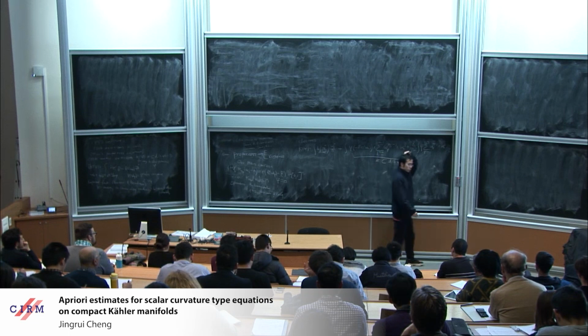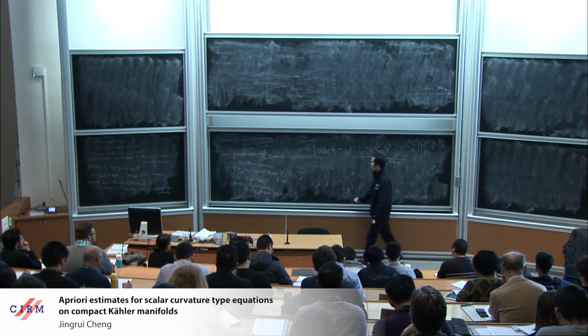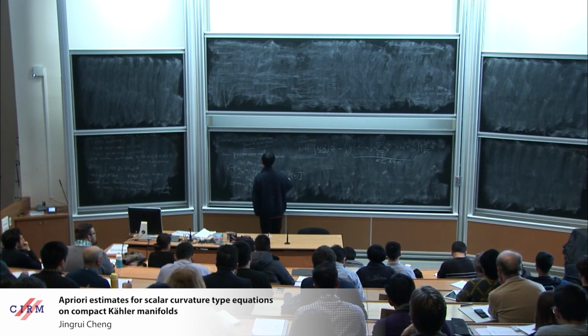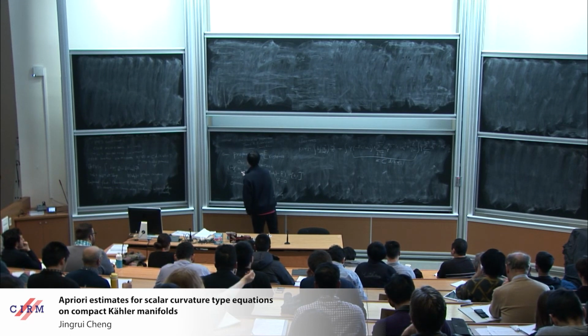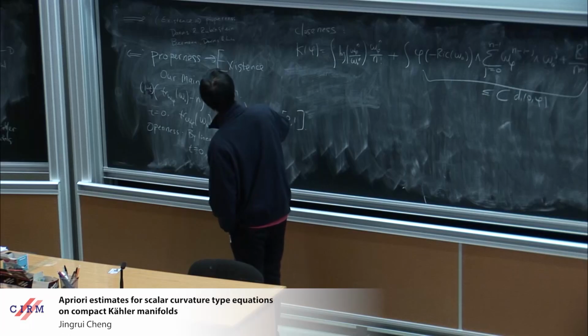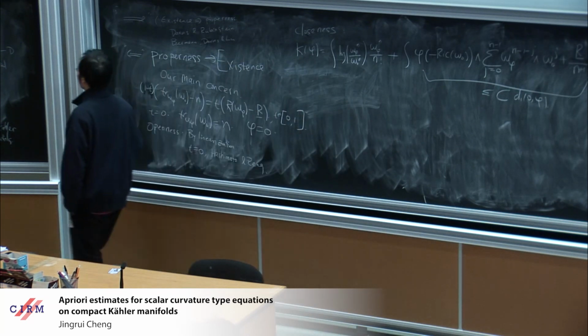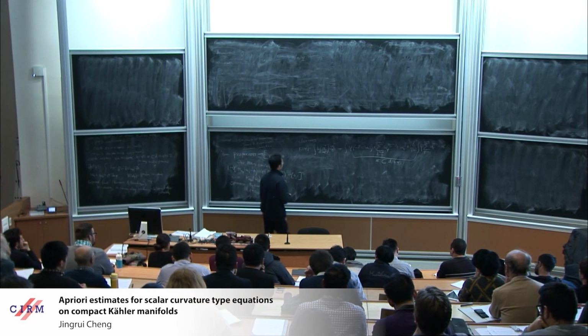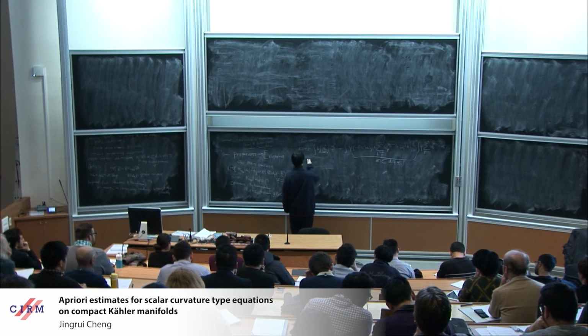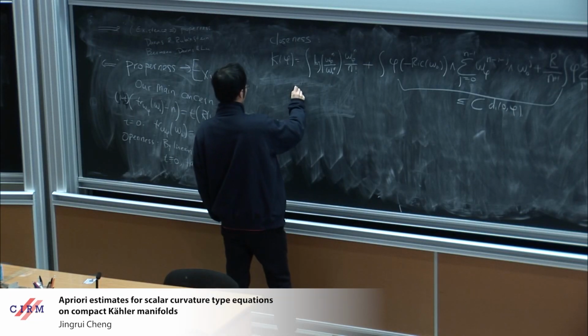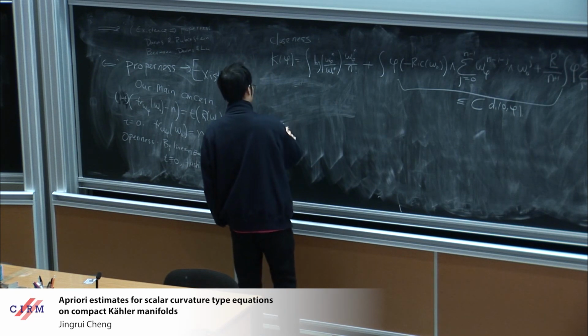Another observation which will be useful for us is that the solution to the twisted equation, that is the solution to the continuity path, will also be a minimizer of some twisted K energy. Let's call the twisted equation star.